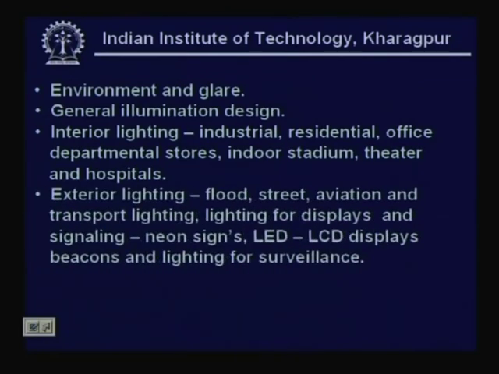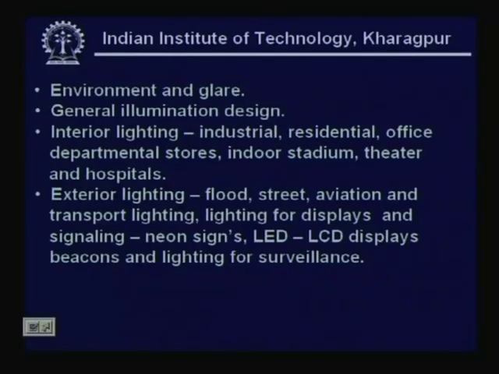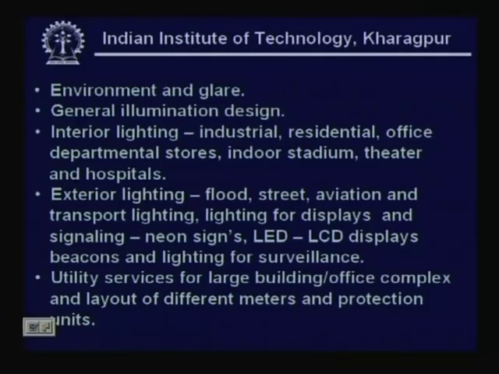Then comes the exterior lighting, which commonly we encounter as flood lighting, street lighting, aviation lighting, transport lighting, lighting for displays and signaling, neon signs, LED, LCD displays, beacons and lighting for surveillance. As one could see, lighting is for functionality, lighting is for surveillance or security aspects. And all this, as already told, involves electrical systems.